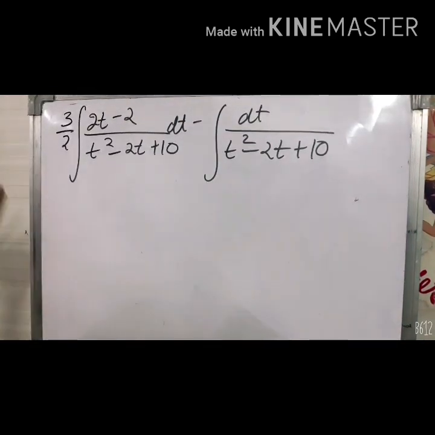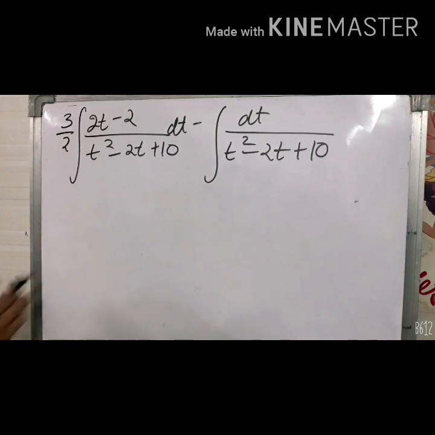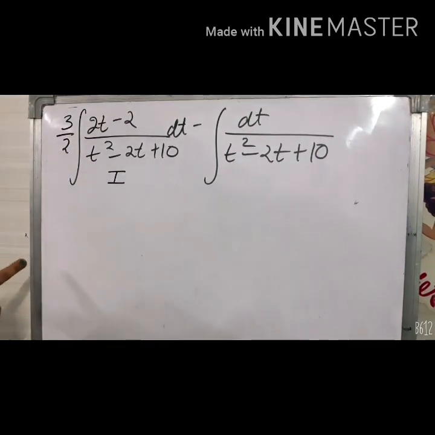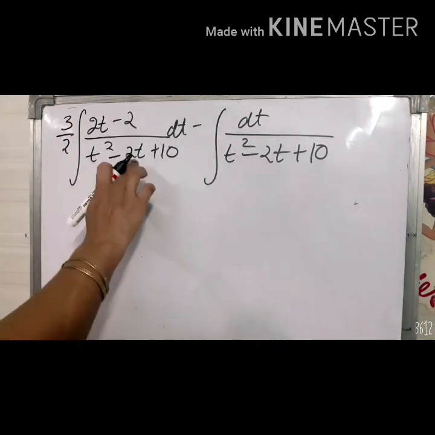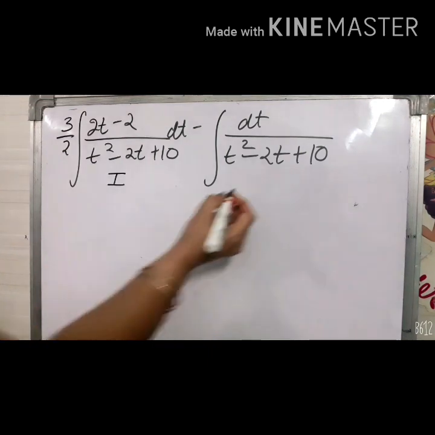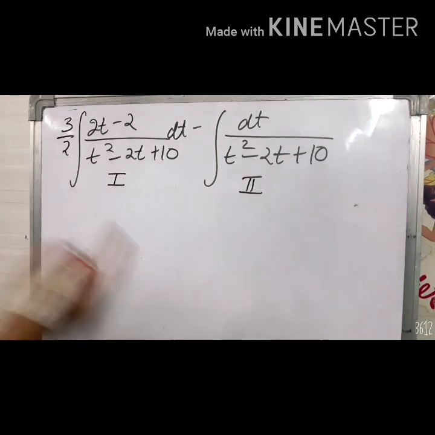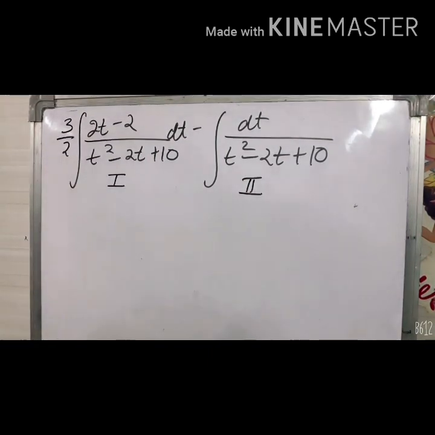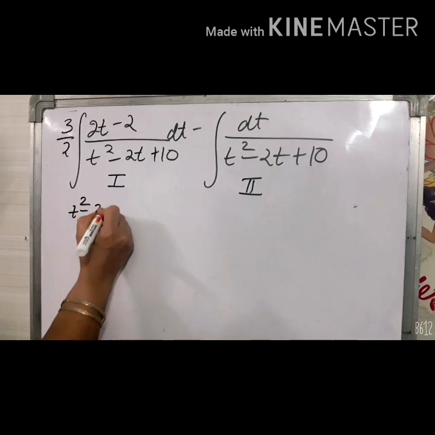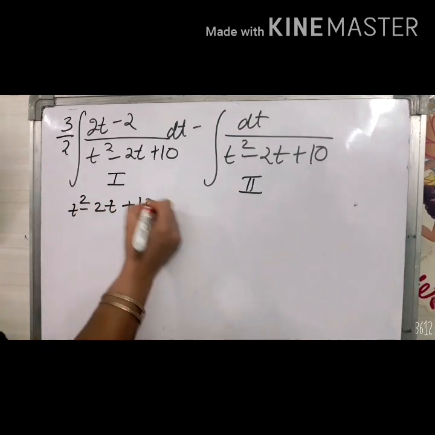Now whenever the form is like that, the first integral is always the substitution one. Always means you will take this as the other variable, and for the second integral you will always use the completing the square method. Now I will take t square minus 2t plus 10 equal to z.